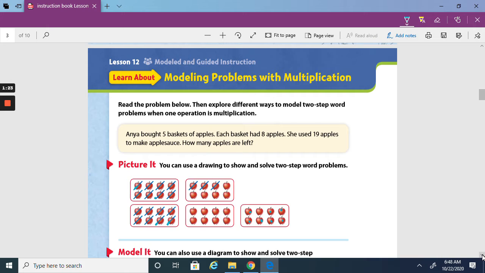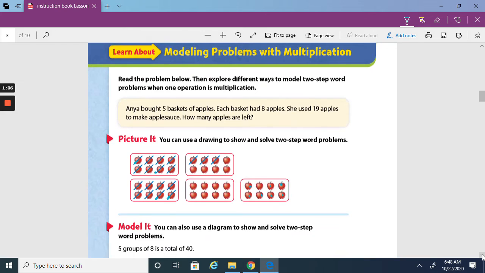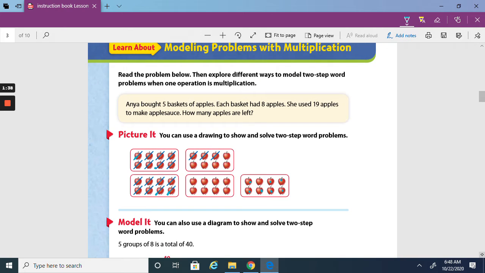We know that Anya had 5 baskets and that each basket had 8 apples. When we have equal groups, then we are able to do multiplication. You can see that 1, 2, 3, 4, 5 baskets have been drawn, and inside each basket is 1, 2, 3, 4, 5, 6, 7, 8 apples.